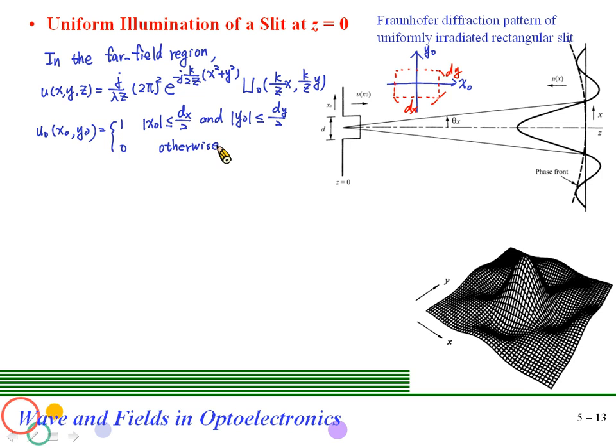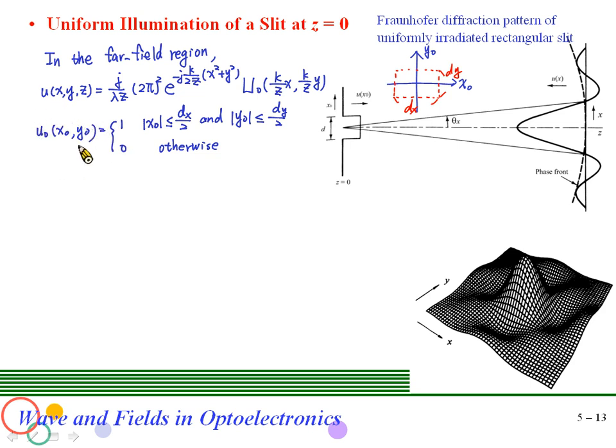Because we have a rectangular slit, only in the rectangular slit do we have the field with amplitude 1. In other positions, the field will be 0. So this one is our initial amplitude.